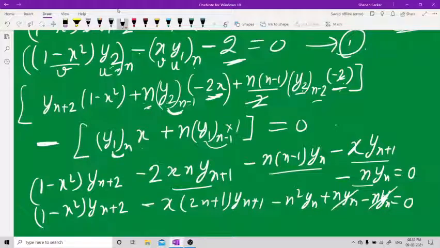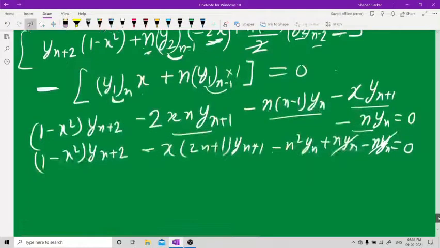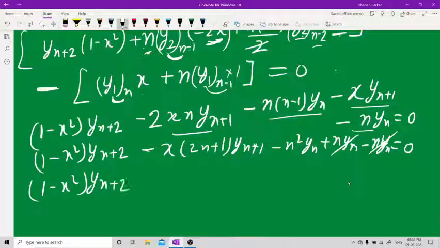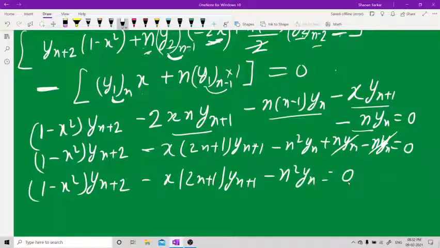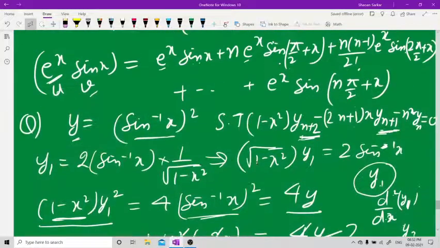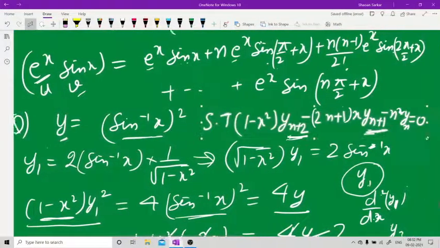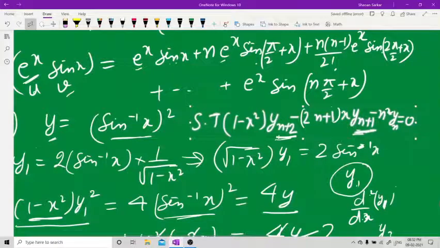So what you are left with is this expression: 1 minus x squared y_(n+2) minus x(2n plus 1) y_(n+1) minus n squared y_n. I hope you have understood this question, because this was what was asked to me. This I have proved. Now the next part is very simple.